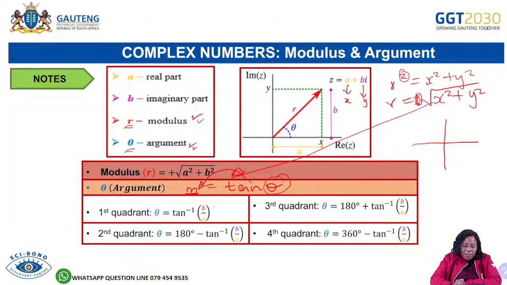If it's in quadrant 1, it will be the arctan of b over a. If it's in quadrant 2, remember we are considering the reduction, 180 minus arctan. If it is in quadrant 3, we are considering 180 plus, because we are in this quadrant. So these values are indicating the quadrants. And if we are in the fourth quadrant, we are considering 360 minus. But they are all using the arctan of b over a.